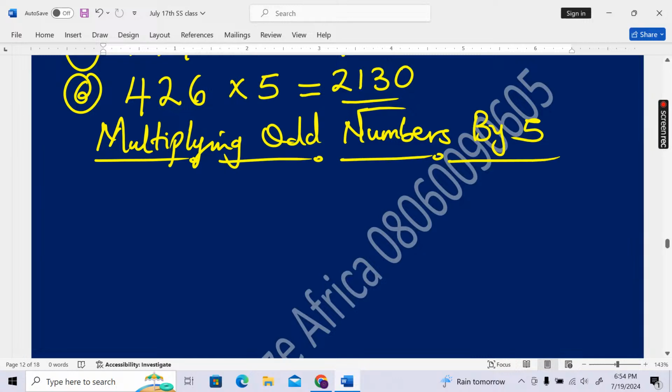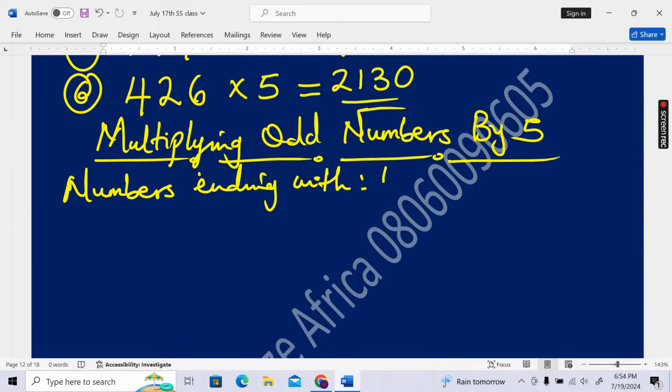Now, odd numbers are numbers that end with 1, 3, 5, 7, or 9.